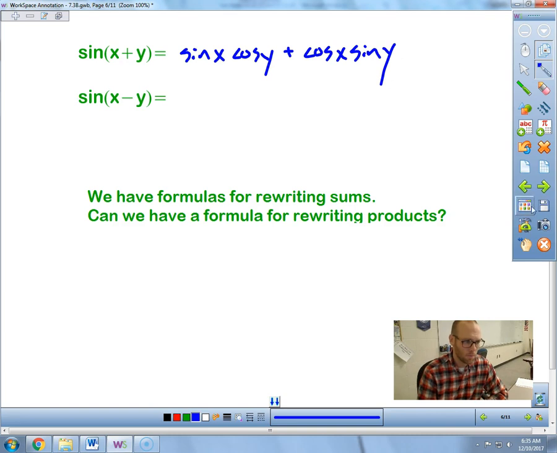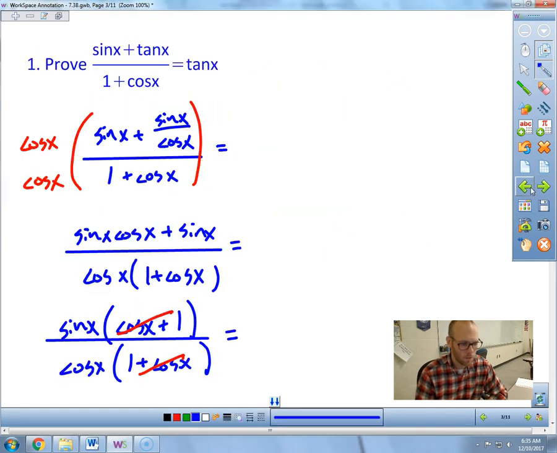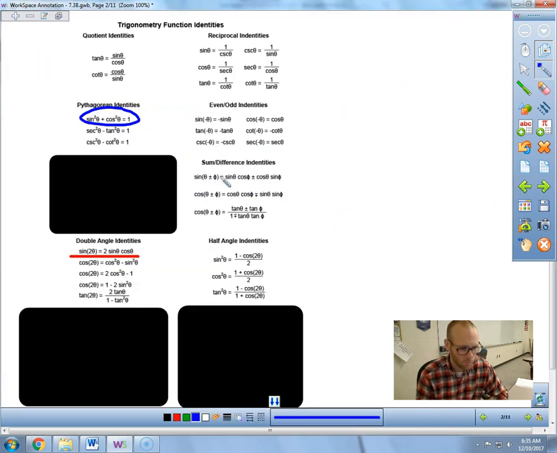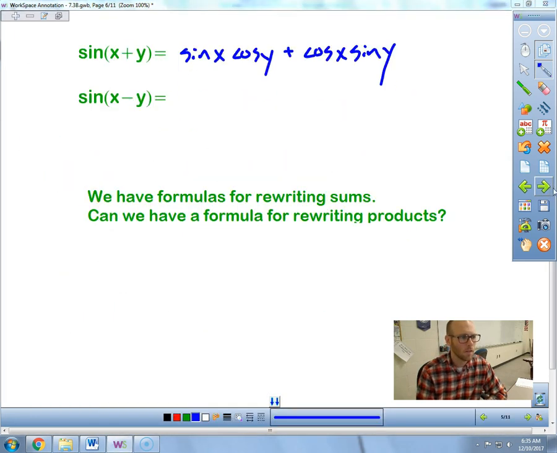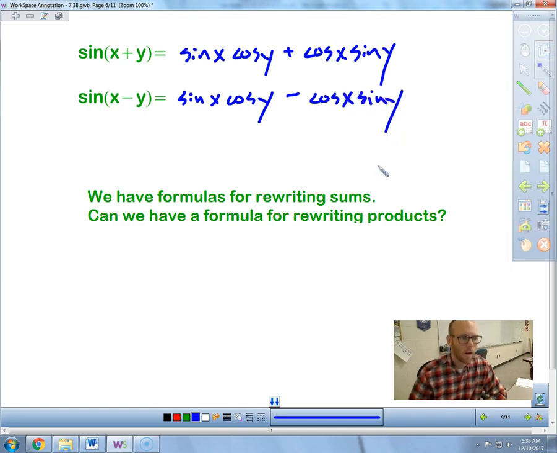And our difference one, let's look at our difference. Sine, well, it's the same thing except it's a minus, isn't it? There's a minus on the bottom there. That's going to be the same thing. So this would be sine of x cosine of y minus cosine of x sine of y.